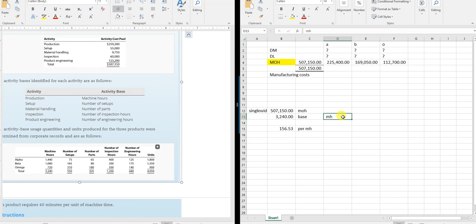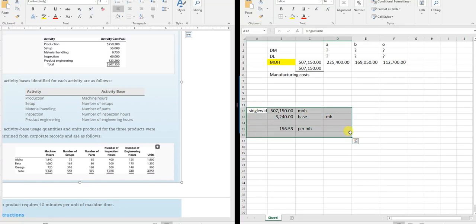So therefore, every product gets $0 of overhead, since it has no direct labor. So you want to allocate the cost based on the activity that causes it. Okay, so now this is a single wide.